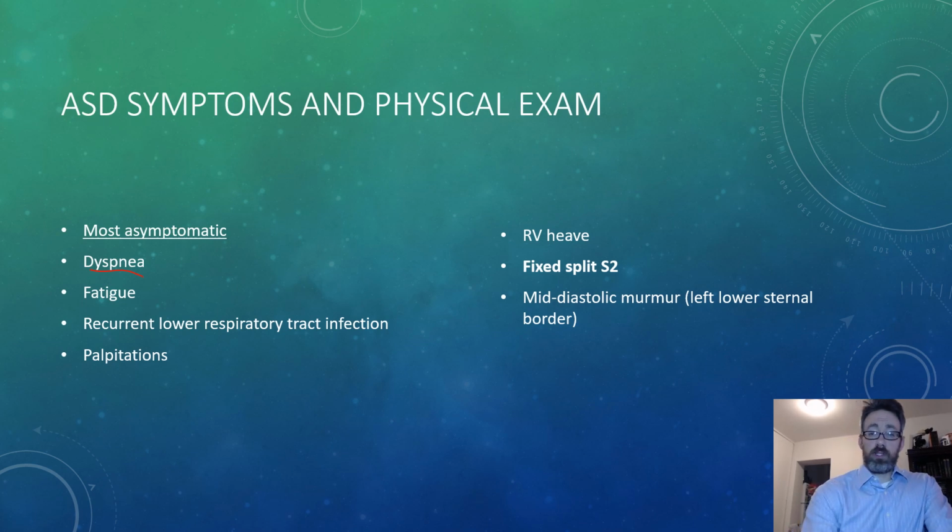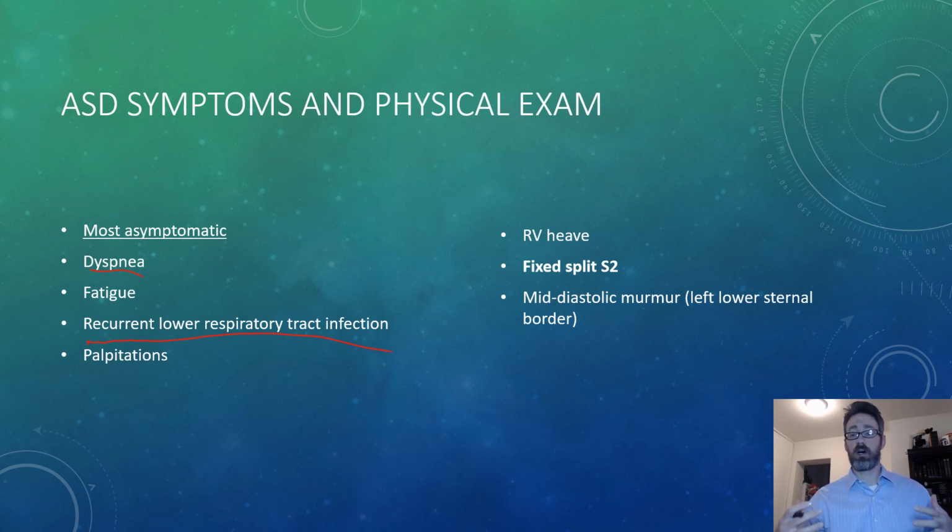Now, an interesting occurrence is that a lot of these congenital defects have recurrent lower respiratory tract infections. In fact, respiratory syncytial virus is probably the most common cause, and they are associated. But some of that association probably has to do with the impact it has on the lung, with volume overloading causing edema, maybe extravasation of fluid, and so on.